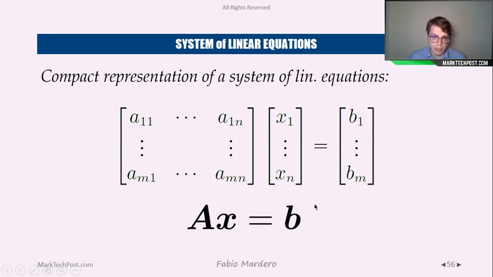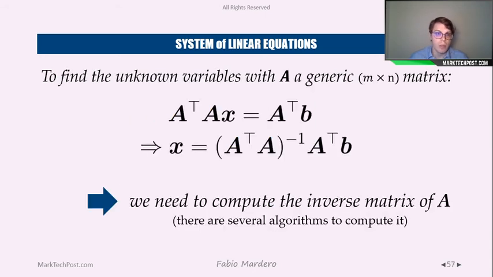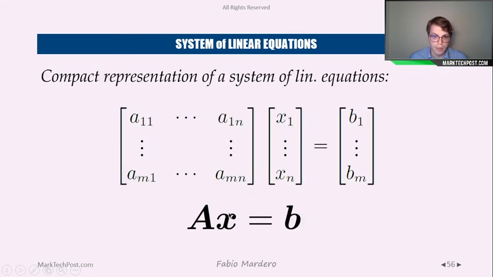Of course, under the hood, the complexity remains the same, but the representation allows us to use some of the operations that we defined for the matrices. For example, the transpose of a matrix and the inverse of a matrix. In fact, we want to find x here.